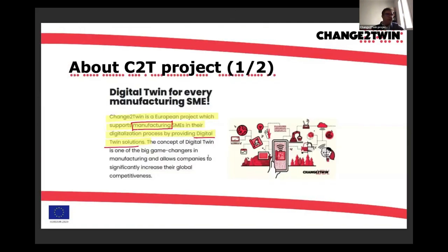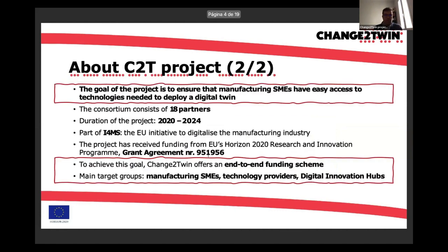Well, just to give a bit of context, I want to talk a bit about the Change2Twin project. It's a European project which supports specifically manufacturing SMEs in their digitalization process by supporting the development and deployment of digital twin solutions.